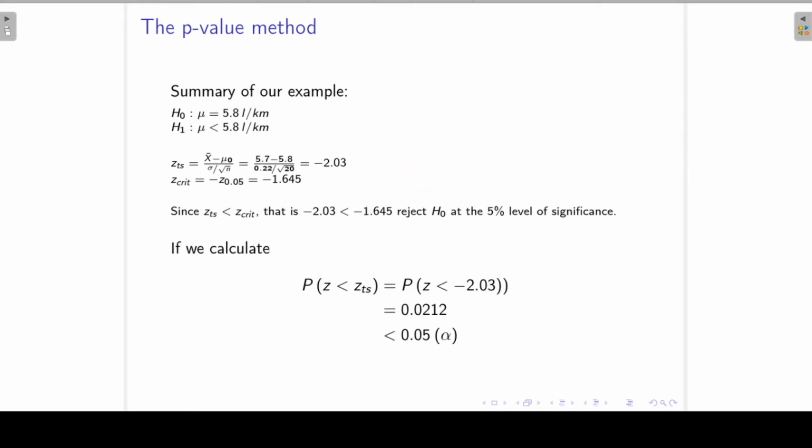If you calculate that using your Z tables or any software to find that probability, you will get that the area to the left of negative 2.03 is 0.0212. So that is less than alpha, my level of significance. And as I said, by implication, that means that it falls within the rejection region, and we will reject the null hypothesis.